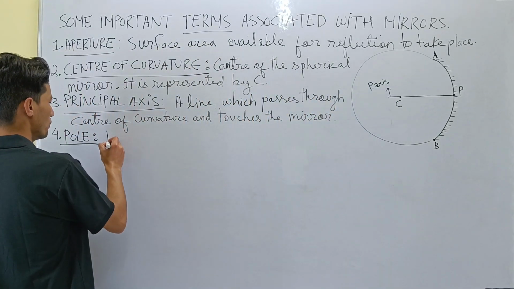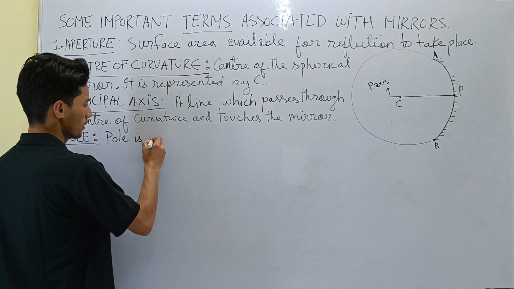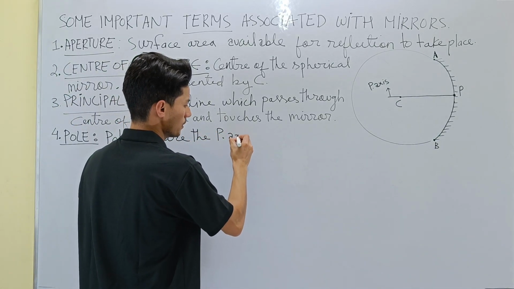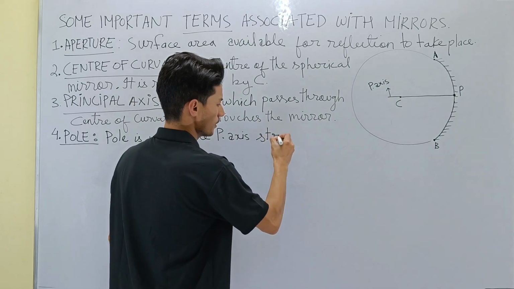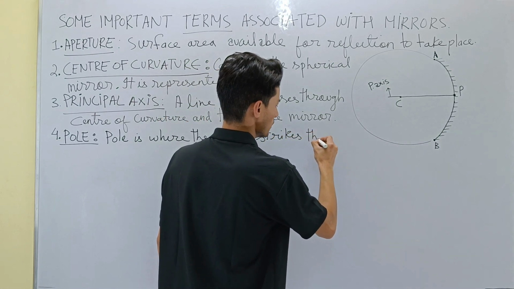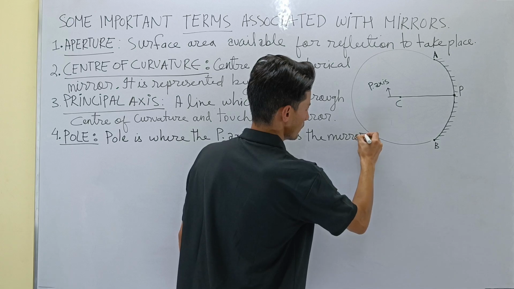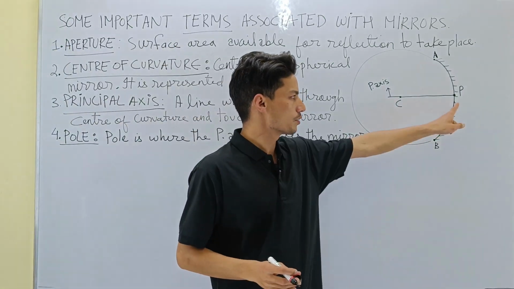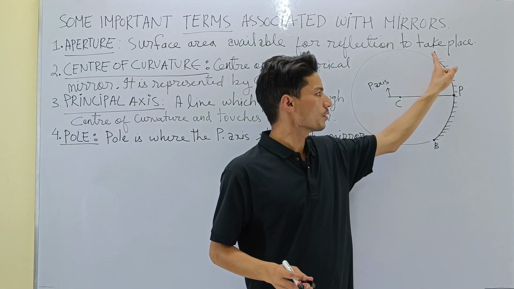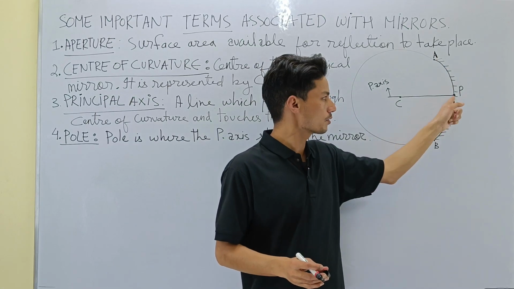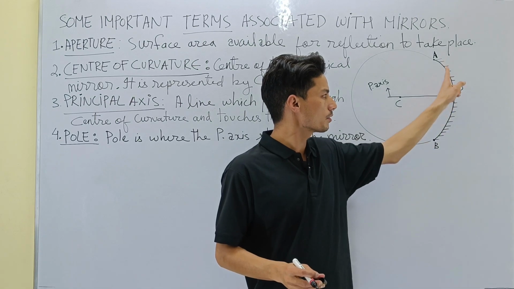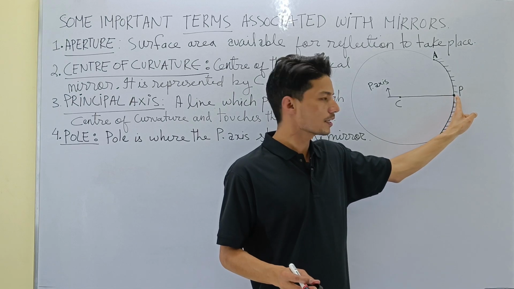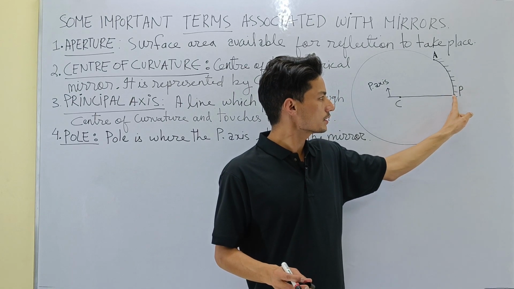So what is pole? Pole is where the principal axis strikes the mirror. If you find this definition a little difficult, you can also write it like this: the pole is a point on the mirror whereby the principal axis touches the point.